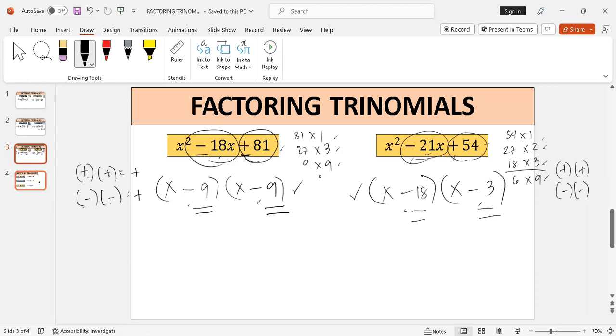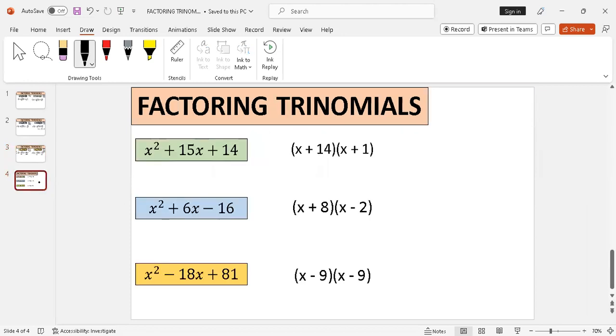Again, balikan natin lahat. Kapag parehas ng middle term and yung last term, addition yung operation, parehas ding addition yung operation ng dalawang factors.